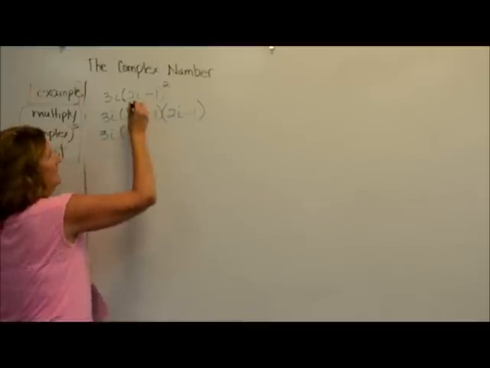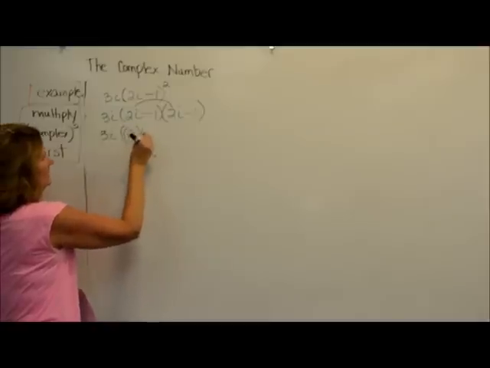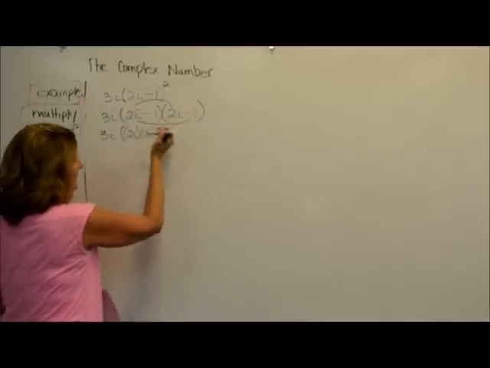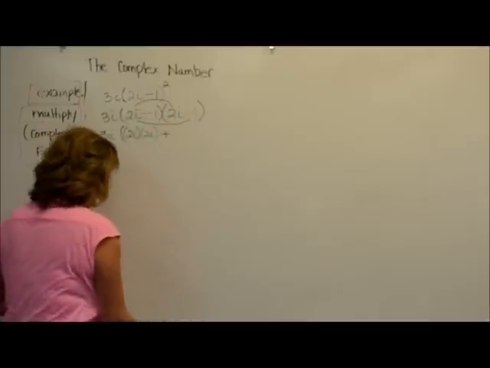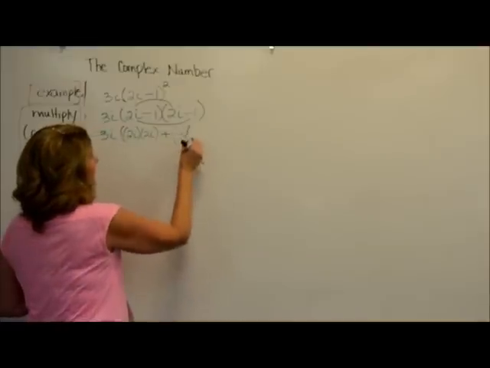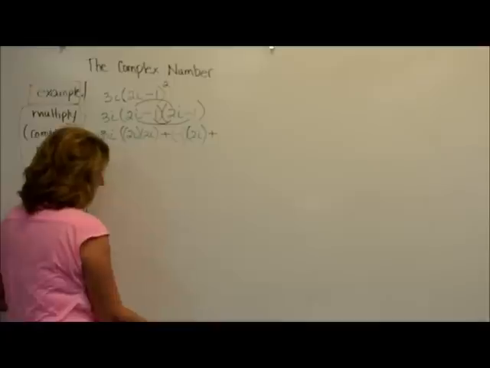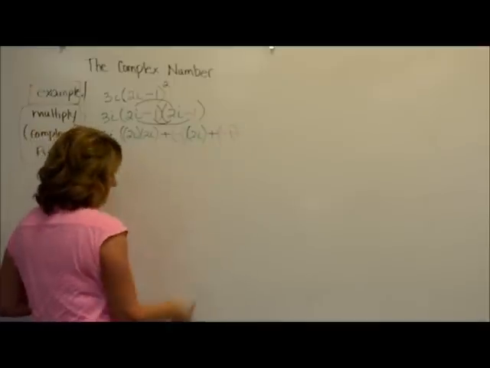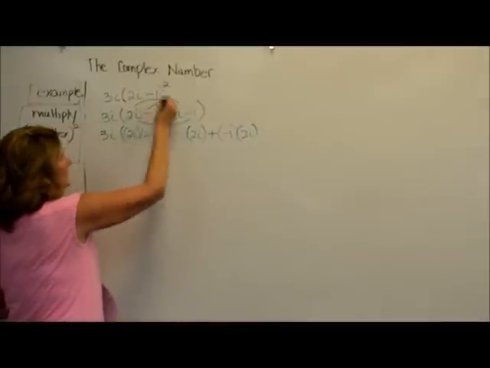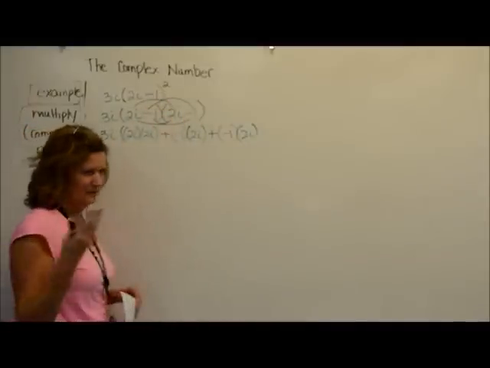So what I'm going to have then is these two multiplied together, so I have a 2i times 2i. The outside is going to give me plus negative 1 times 2i. And on the inside, I'm going to get plus negative 1 times 2i. And then I'm going to go on the last, and FOIL is last. I don't do FOIL, really.